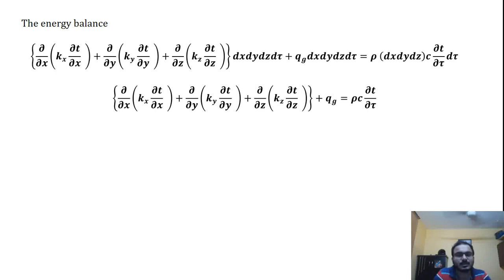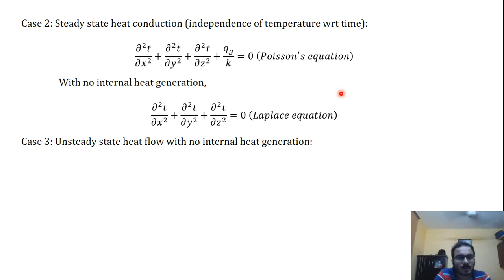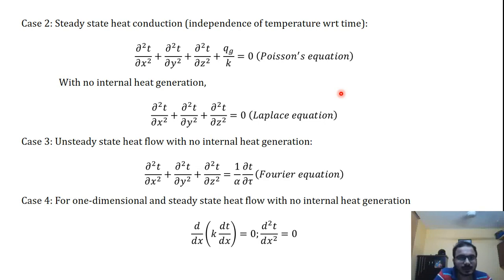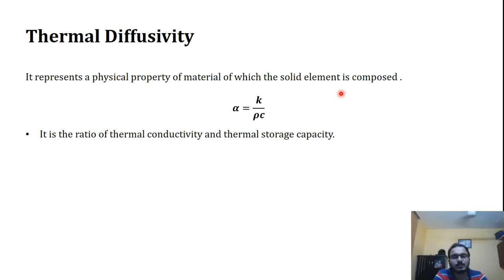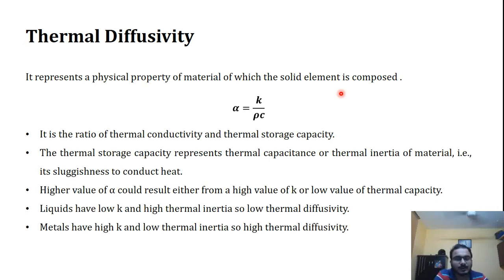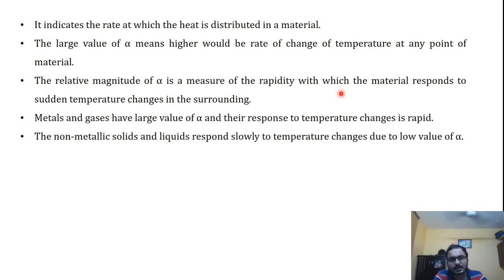So this is the general heat conduction equation, and then we took different cases. 4 different cases, and then we studied about thermal diffusivity, which is given by K by rho C, and we saw that the value of thermal diffusivity is higher for metals and gases and lower for liquids and non-metallic solids.